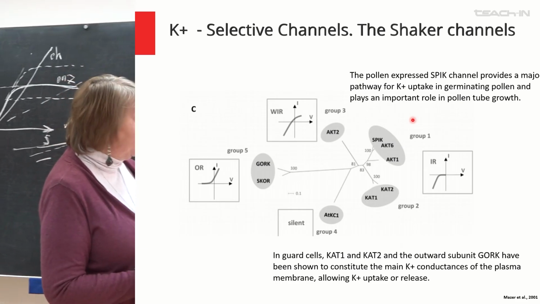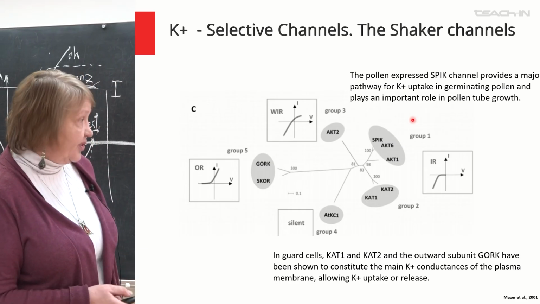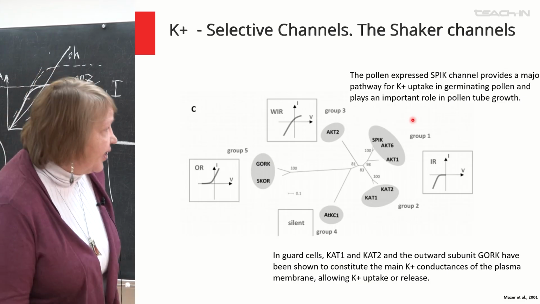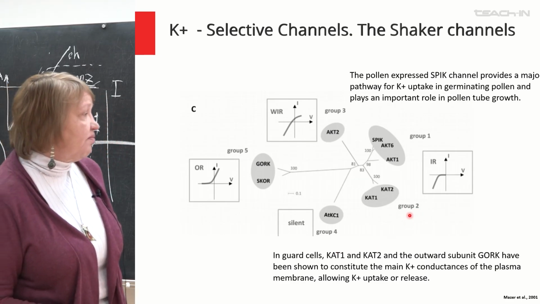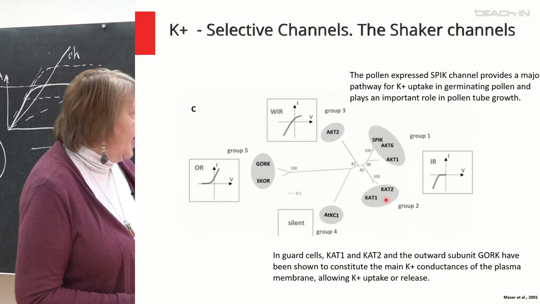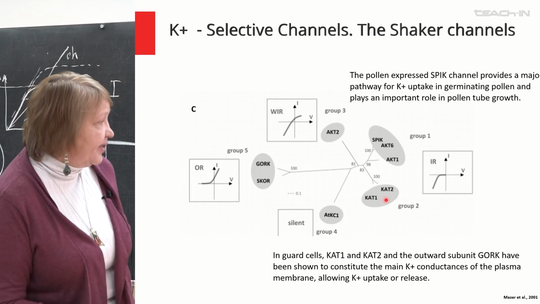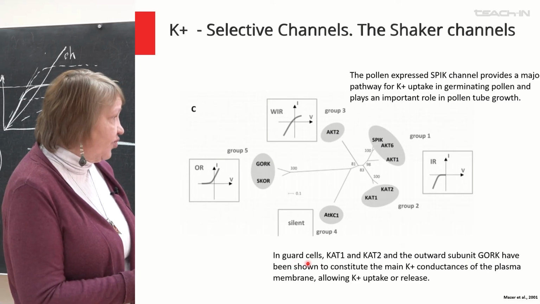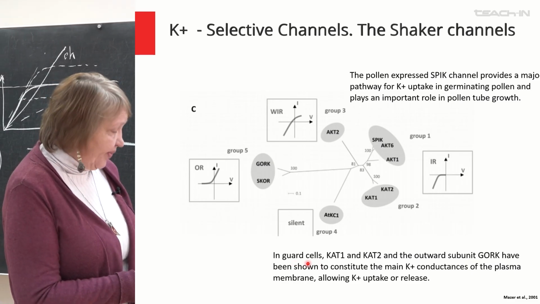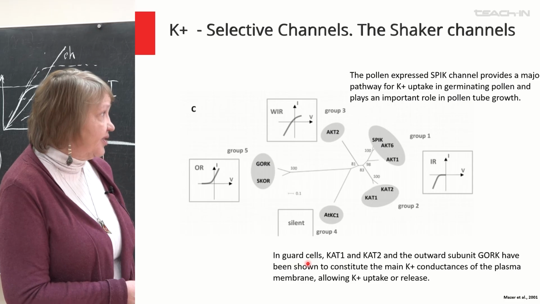So this is very important. KAT1 and KAT2, which are group 2, are also very important in potassium conductance.